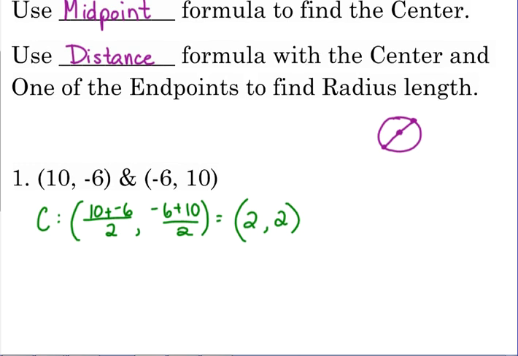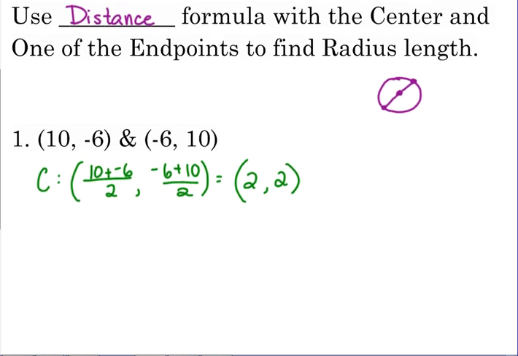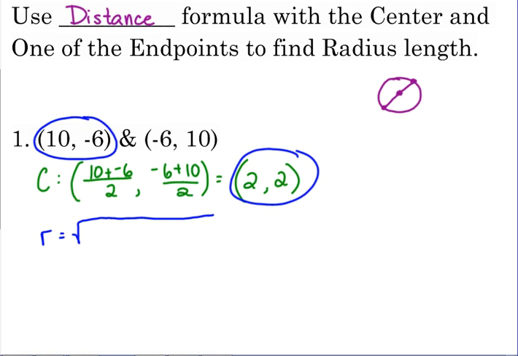Now, there are a couple of different ways that you could find the length of the radius, but this is the easiest one. It's to take one of your points and just make it consistent. Okay, I usually go with the first one. It's just easiest, keeps it consistent. First point and the center, we're going to do the distance formula, which is equal to the length of our radius. So I'm going to label it as r.